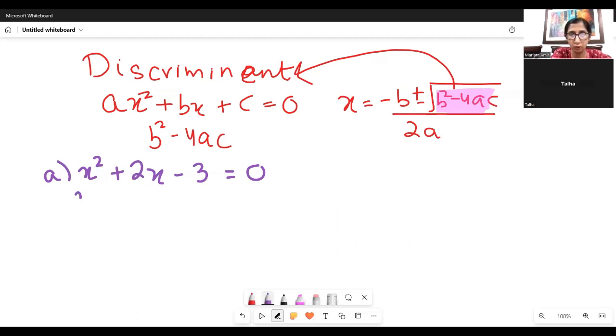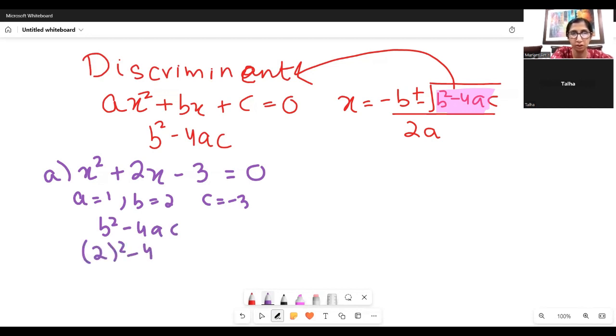So a is 1, b is 2, and c is minus 3. So b square minus 4ac is 2 square minus 4 times 1 times minus 3, which is 16. So the discriminant is 16, a positive value.